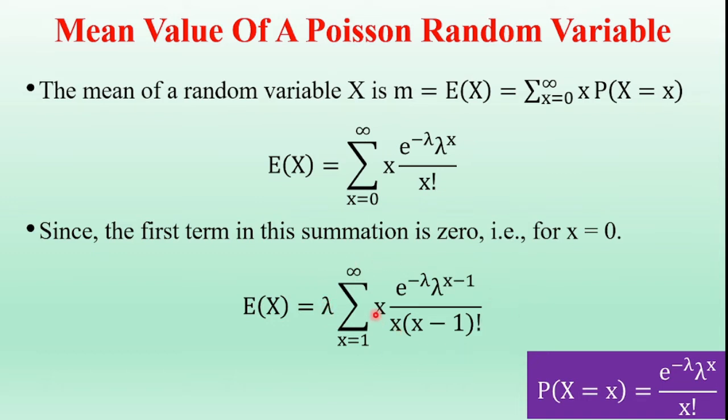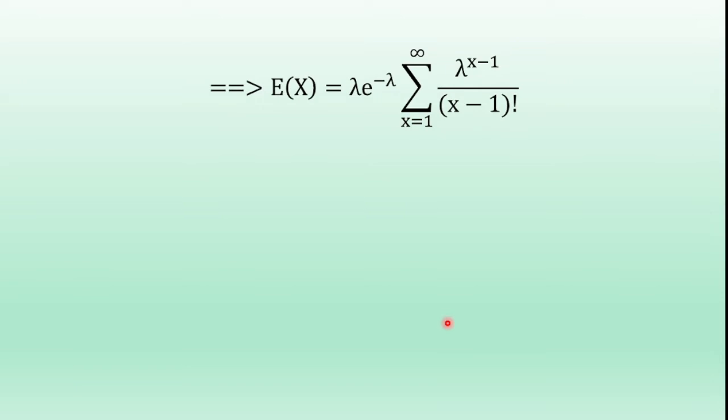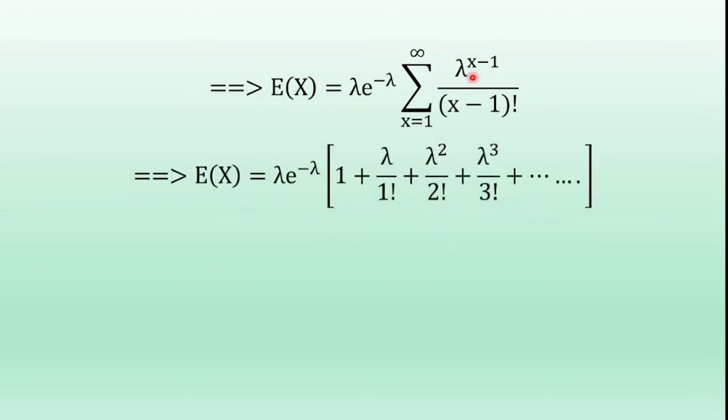Now the x in the numerator and denominator cancels. The RHS term is written as expectation of X equal to lambda into e power minus lambda sigma x equal to 1 to infinity lambda power x minus 1 by x minus 1 factorial. Now substitute different values of x. For x equal to 1, lambda power 1 minus 1 by 1 minus 1 factorial, that is lambda power 0 by 0 factorial, which is 1.